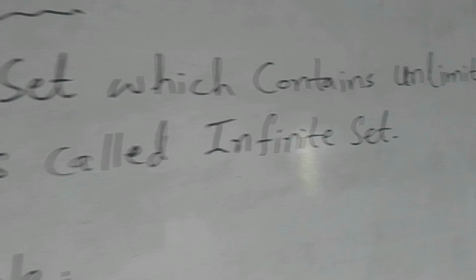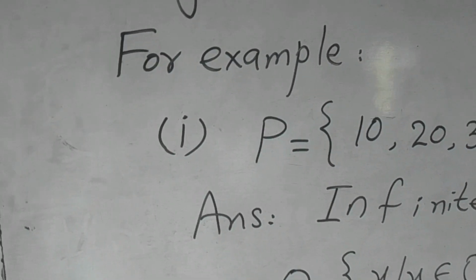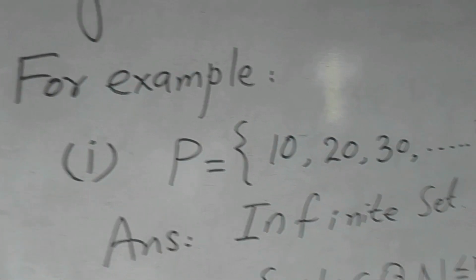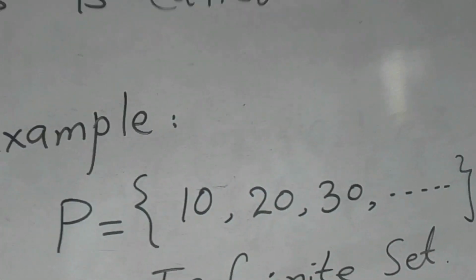The set which contains unlimited digits is called an infinite set. For example, number first, P is equal to {10, 20, 30, ... and so on}.